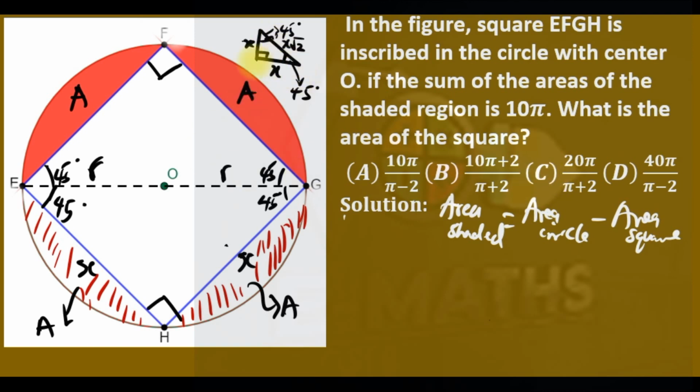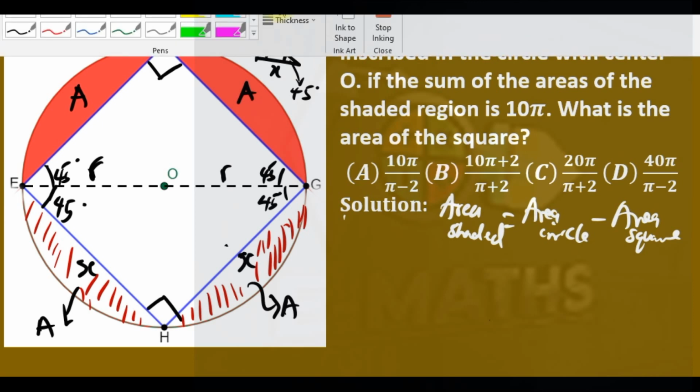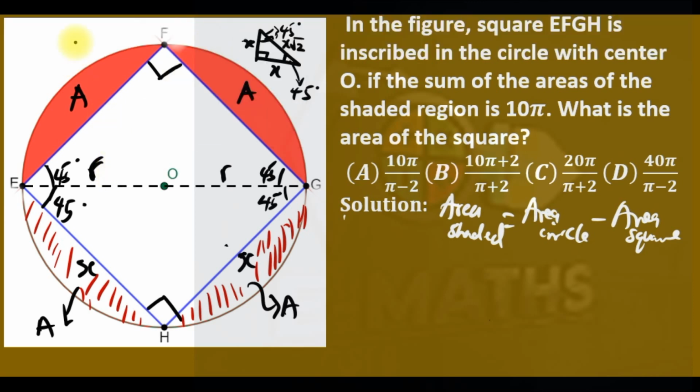So from what I just explained, the 45, 45, 90 triangle, you can easily see from this triangle that 2r is the same as x times root 2. This is x, this x, so 2r is the same as x times root 2.